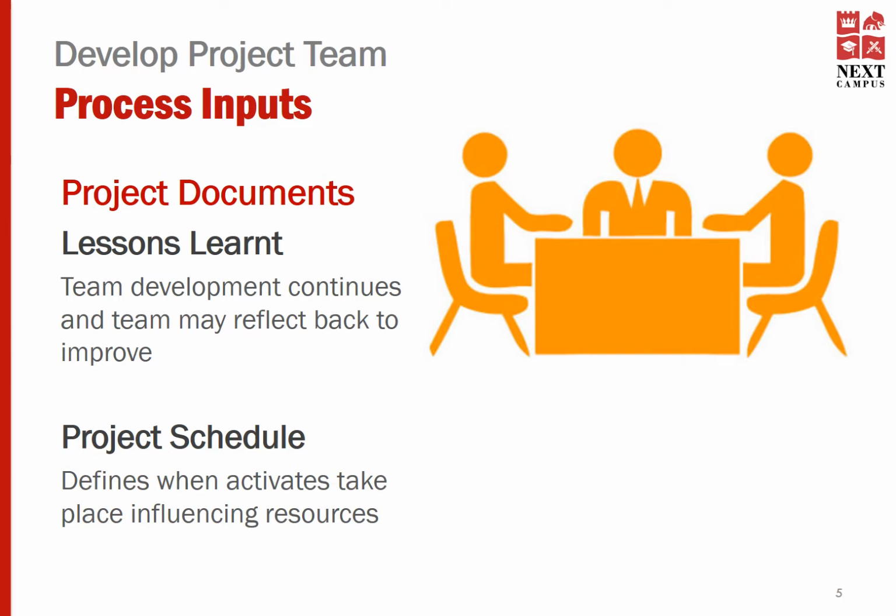This is a living document that needs to be kept updated throughout the project life cycle. So when it comes to the develop project team process, the lessons learned need to be updated because it acts as an input within the develop project team process.